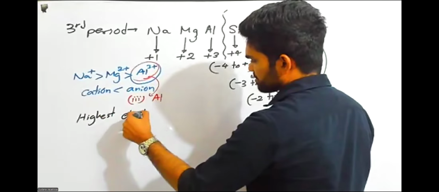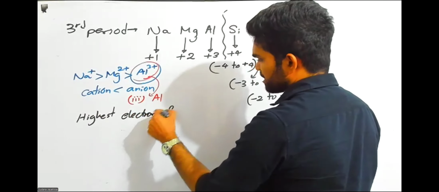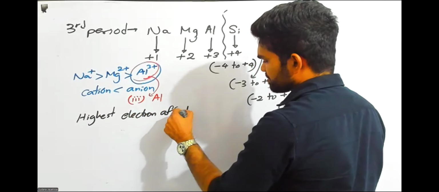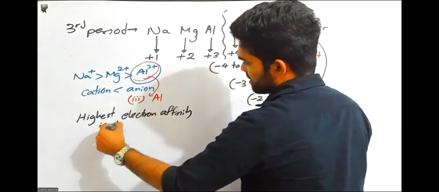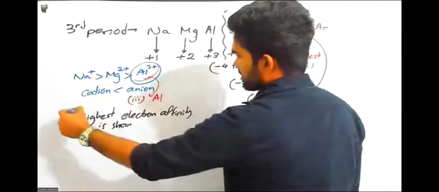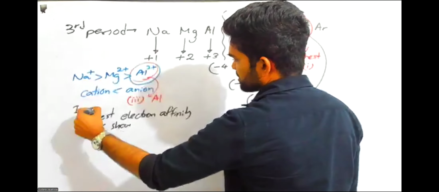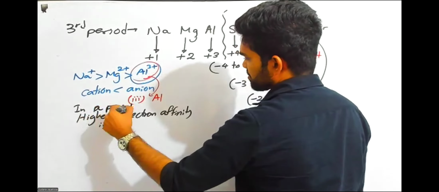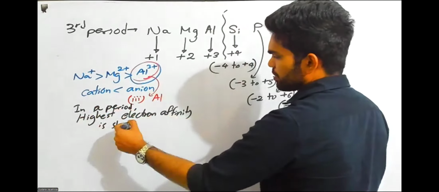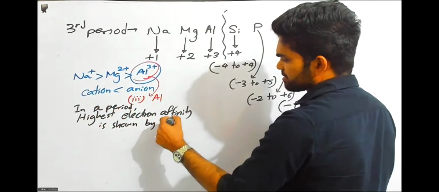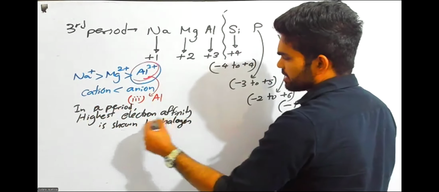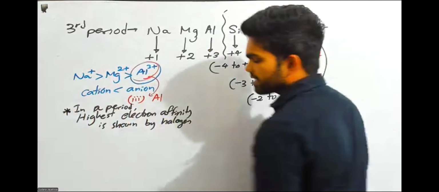Electron affinity is the likeliness to gain an electron. In a period, the highest electron affinity is shown by the halogen. That you have to remember as a theory.